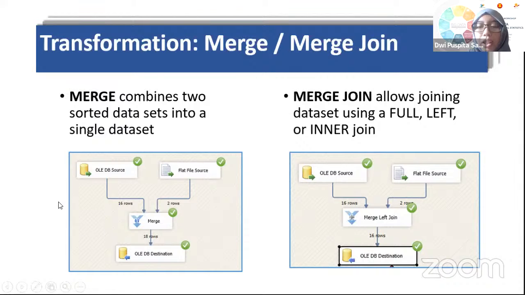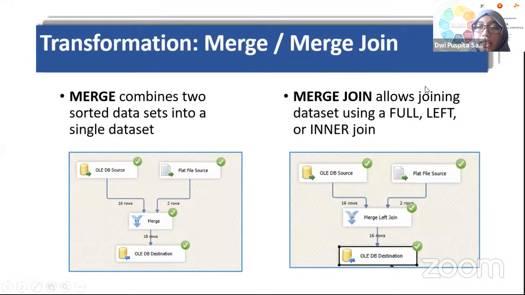For example, the OLEDB source is 16 rows and this one is only 2 rows, so the merge result will be 18 rows. That's for merge. One thing that needs to be noted is that for merge, you need to have the data sorted first.